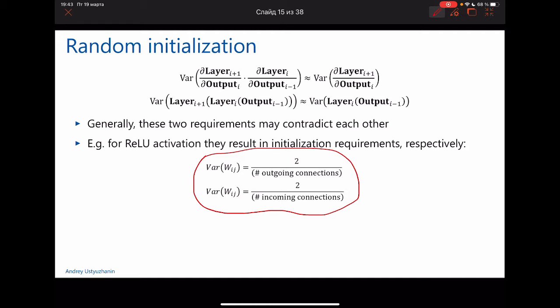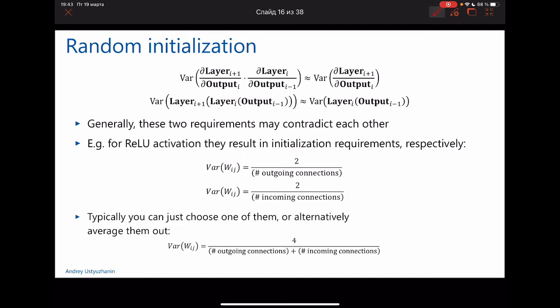It's difficult to satisfy both requirements, so typically people just choose one of them or average them out.